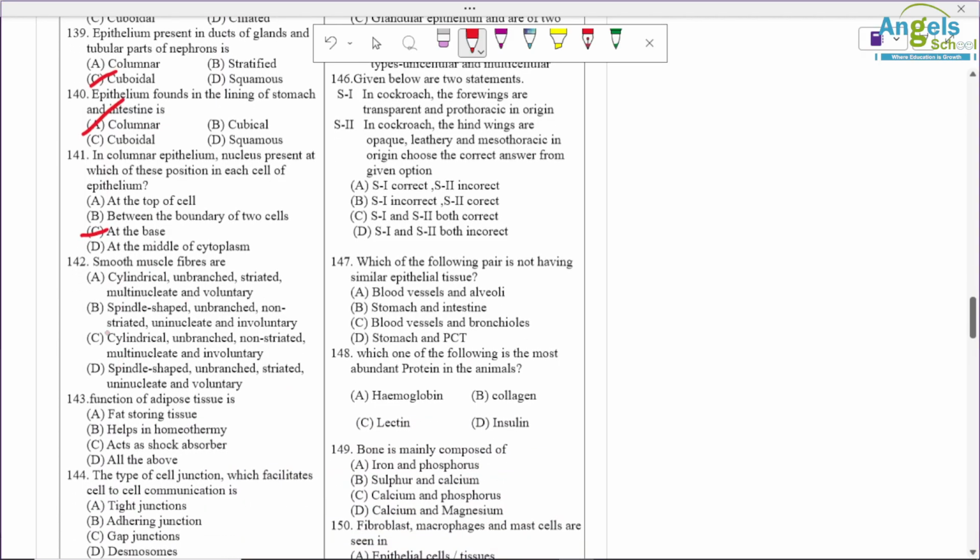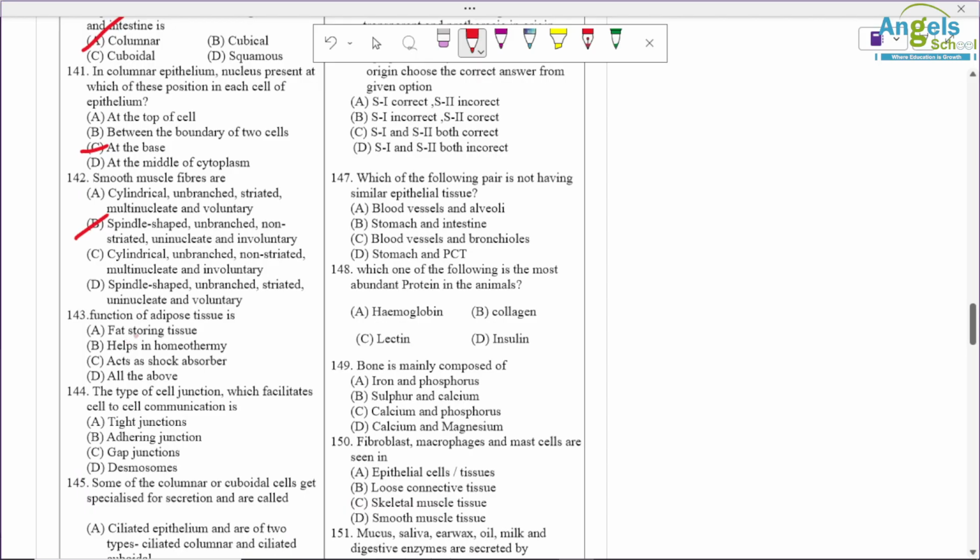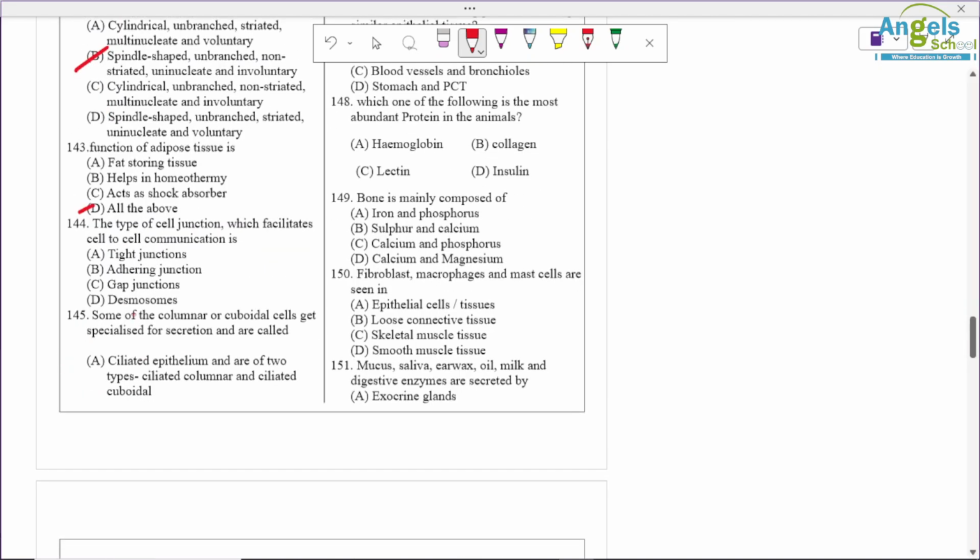Smooth muscle fibers are. So smooth muscle fibers are spindle shaped, unbranched, non-striated, uninucleated and involuntary. So B is the correct option. Function of adipose tissue. So they store fat, help in homeothermy to maintain temperature, and act as a shock absorbent. So all of these are correct.